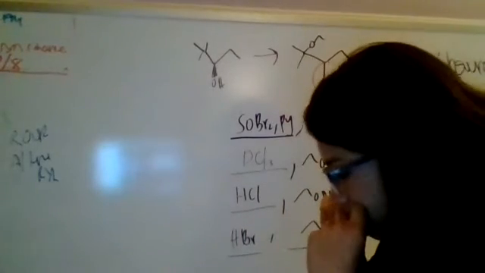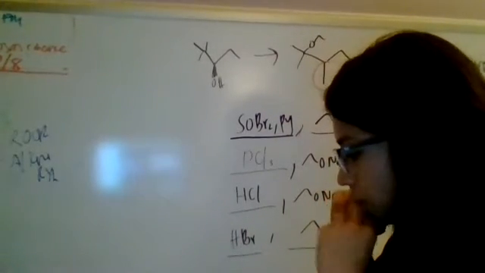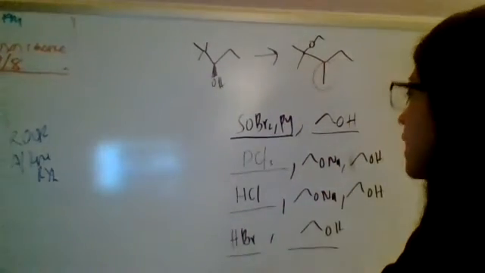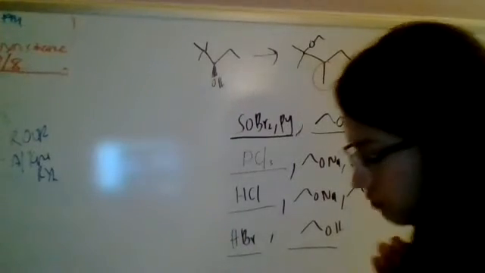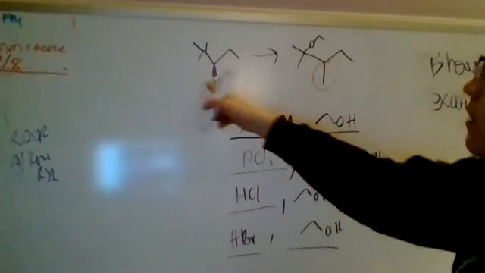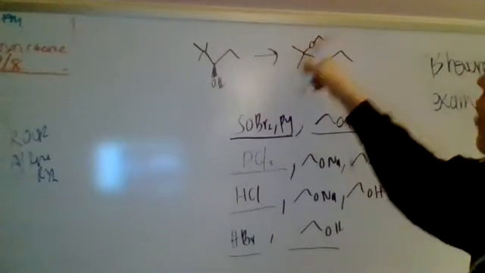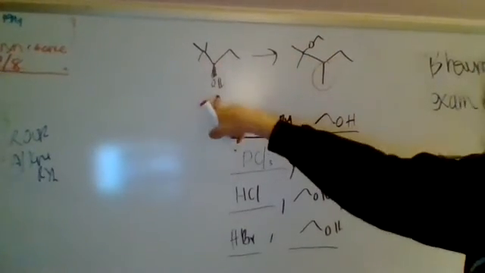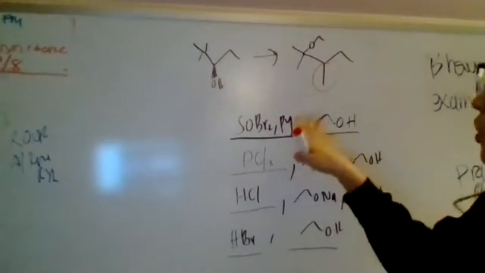Substitution. I actually don't remember what I put because my work was really messy. It has to be SN1 because SN2 would give me an ethyl group right here where the OH is. So it can't be SN2.